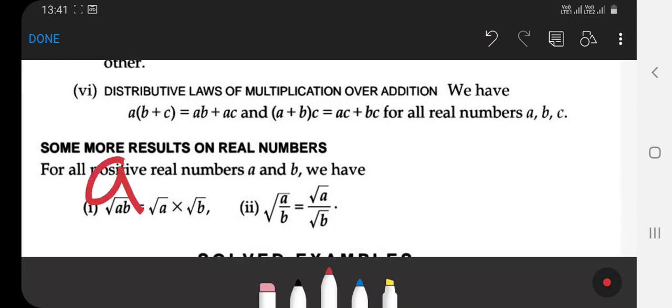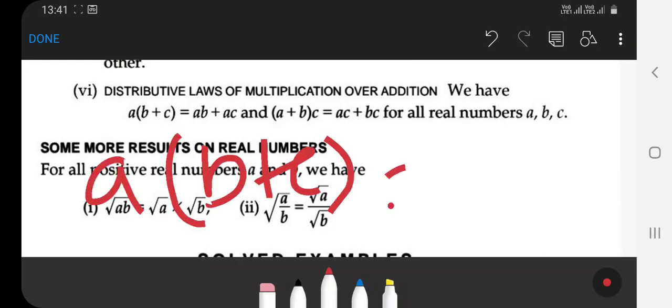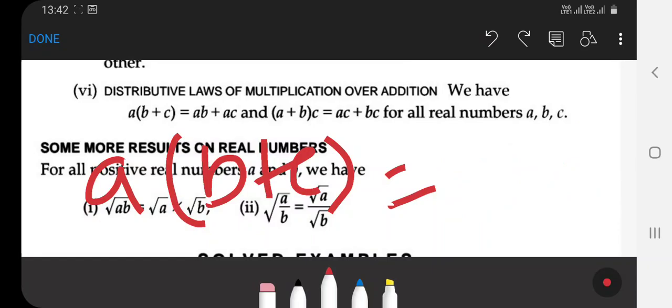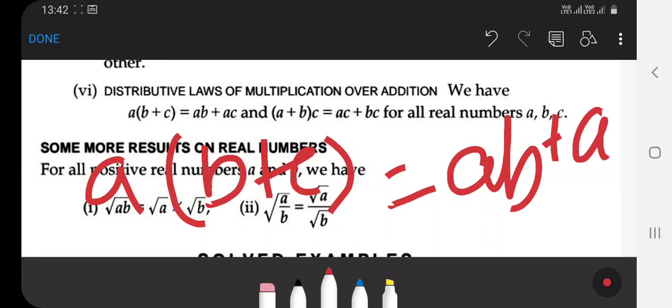So a into (b plus c) is equal to ab plus ac. So we can say that it is true for all real numbers a, b, c.